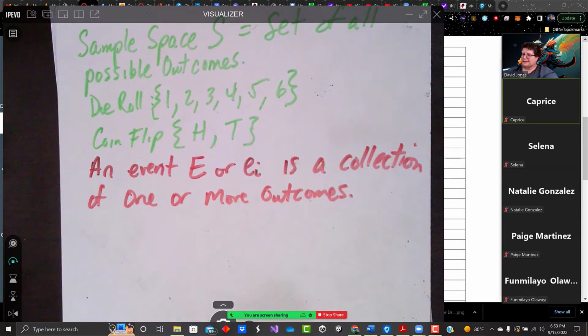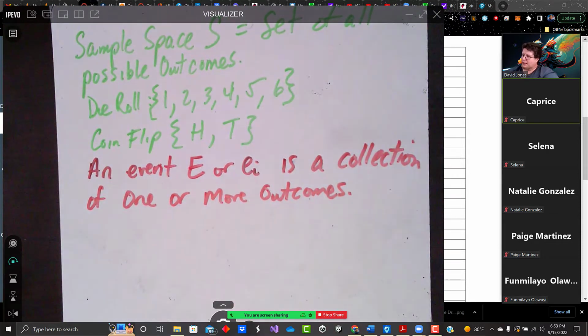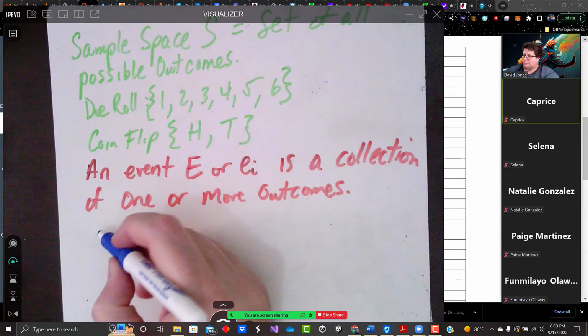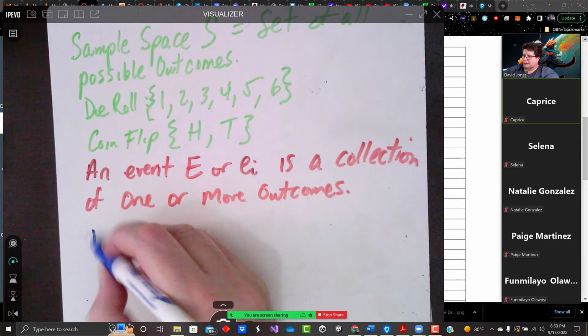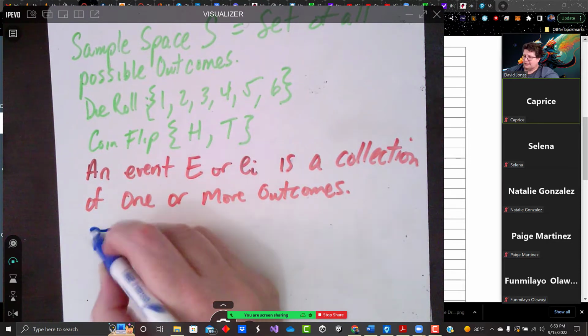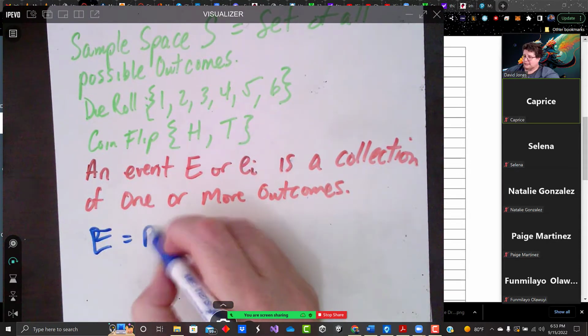And you don't have to list every single outcome. It could just be you were looking on the die roll for rolling a 6. You may only care about the probability of E being roll a 6.